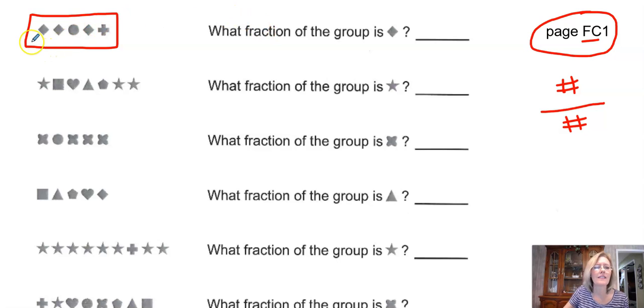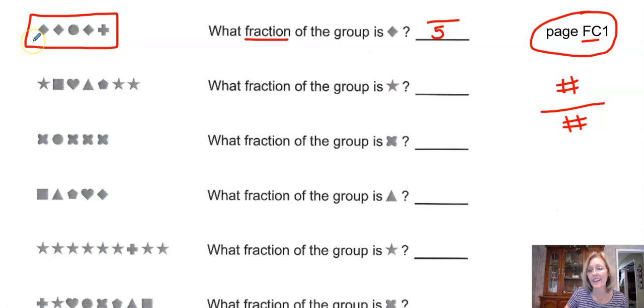So let's see how this set looks. If I look at this set, I notice that it has diamonds, it has a circle, and it has a cross. So my question asks, what fraction of the group is diamonds? So if I look at my group, the first thing I need to do is draw my fraction bar, find out what is the total amount of items in my set. 1, 2, 3, 4, 5. 5 items.